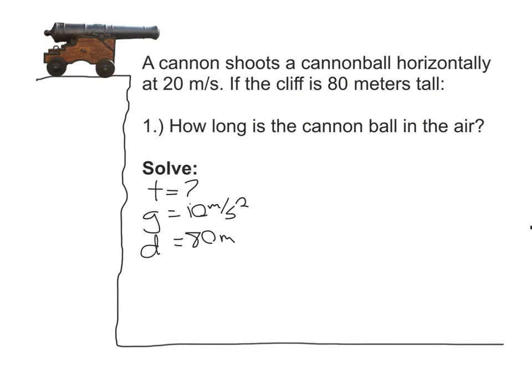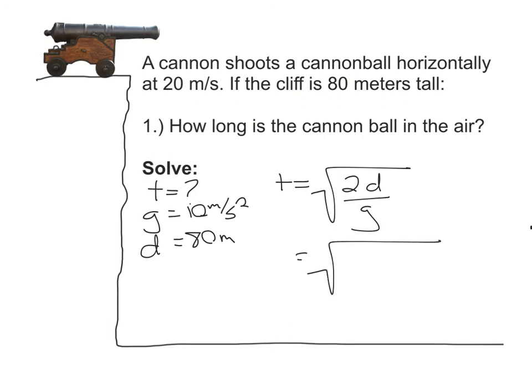So let's use that. We decided that the equation was going to be time is equal to the square root of 2 times distance divided by acceleration due to gravity. So now we just start plugging things in. 2 times distance, that's 80 meters, divided by acceleration due to gravity, 10 meters per second squared.